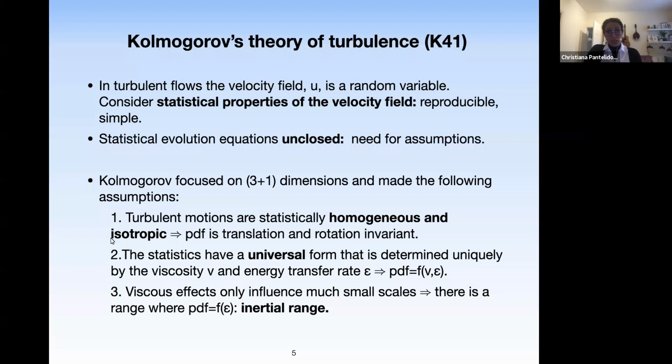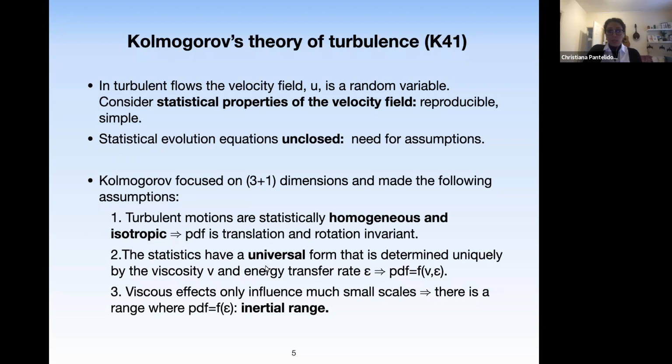Then he moved on to make 2 more assumptions. These 2 assumptions are referred to as the similarity hypothesis. The first of which says that the statistics take a universal form that is determined uniquely by 2 constants. These 2 constants are the viscosity that appears in the Navier-Stokes equations, and another constant that is referred to as the energy transfer rate and is denoted by epsilon.